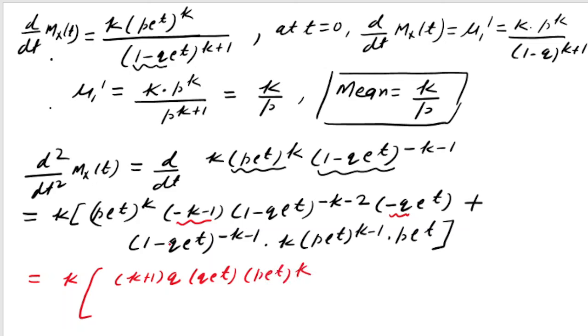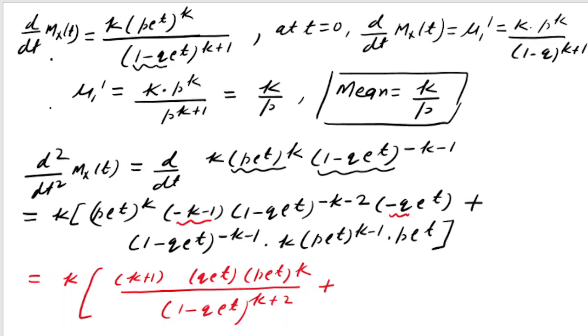I hope I have collected all the terms, k plus 1 this term and q here, so there was no need to write this q because I already have written q e to the power t. So let me remove this q, right? So minus minus plus, k plus 1 and q e to the power t and (p e to the power t) to the power k divided by, if I take it in the denominator I will get (1 minus q e to the power t) whole to the power k plus 2.